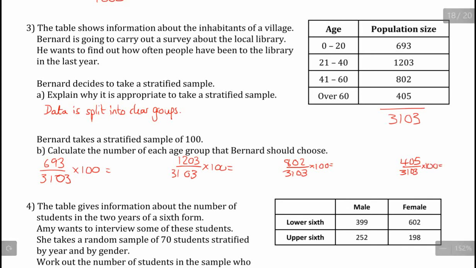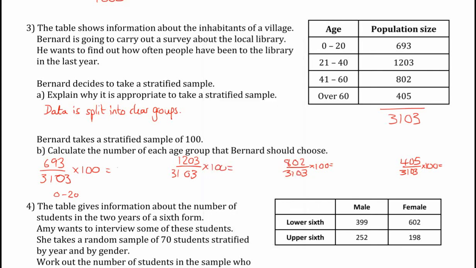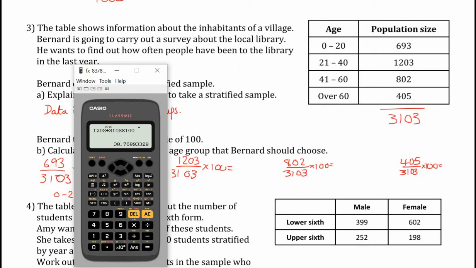So for the age group 0 to 20, the answer should be 22 people. For the next age group, 39 people when we round that.